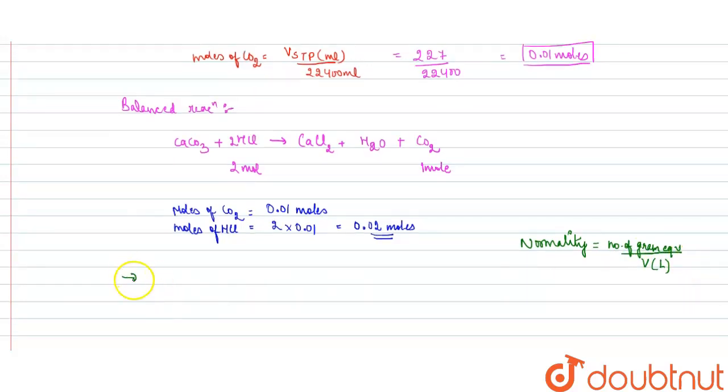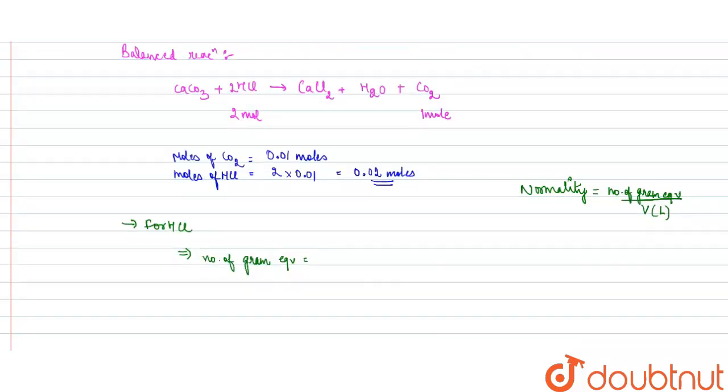So for HCl, first of all, we'll calculate the number of gram equivalents. It will be equal to moles multiplied by the N factor. Now, for an acid, N factor is actually its basicity.